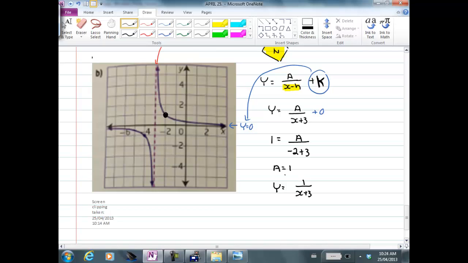Take a look what I did. This is why they gave you these 2 points. Because you got to use them to plug it in to get a. You always plug it in. One last thing and then I'm going to release you.